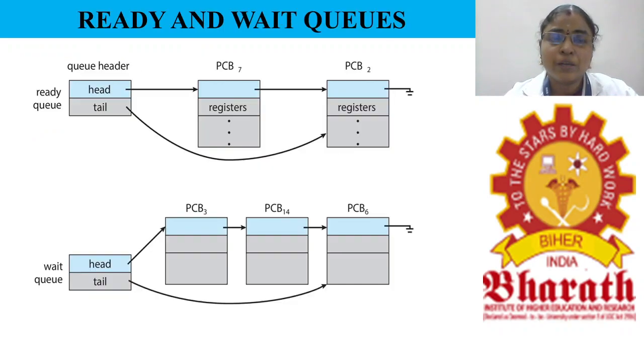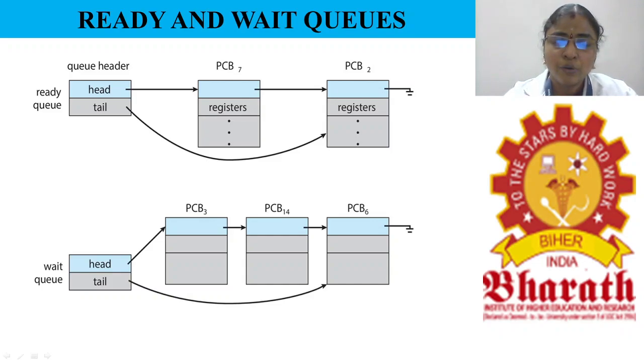And this is a pictorial representation of the ready and wait queues. Here also we are using a linked list. This is a queue header, and the head points to the first PCB, PCB 7, that is process 7's process control block. Process control block 7 points to process control block 2 also. So the information regarding process 7 and process 2 is stored here.